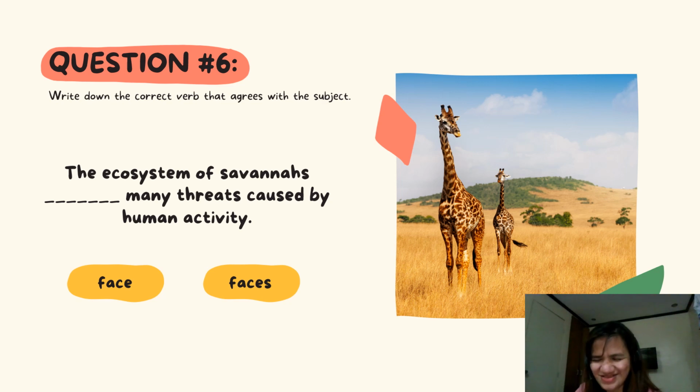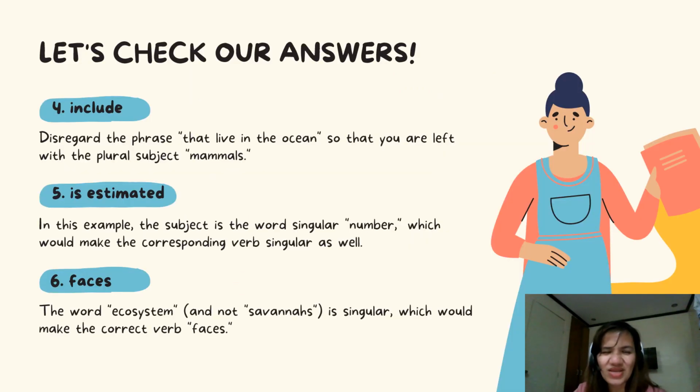Are you all done? Okay, let's check. For number 4, our subject there is mammals. So, mammals is a plural subject, right? Therefore, what is your verb? Include, without S. In this example, for number 5, the subject is the word number.